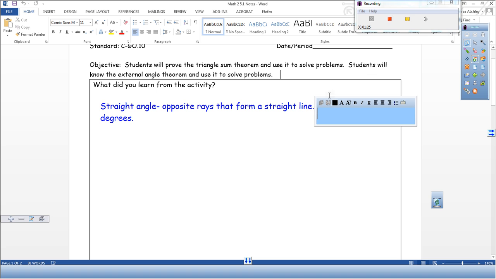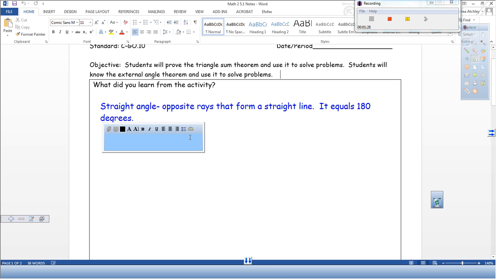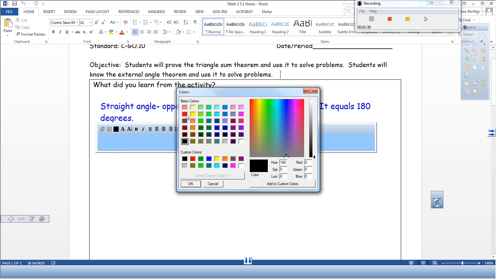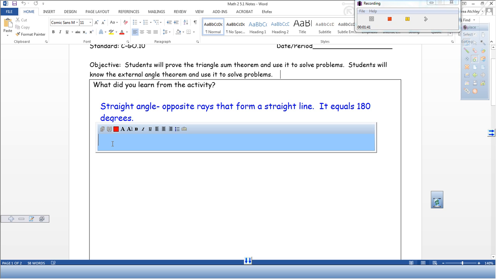Then we talked about a linear pair. They are adjacent angles that form a straight line. Their sum is 180 degrees.